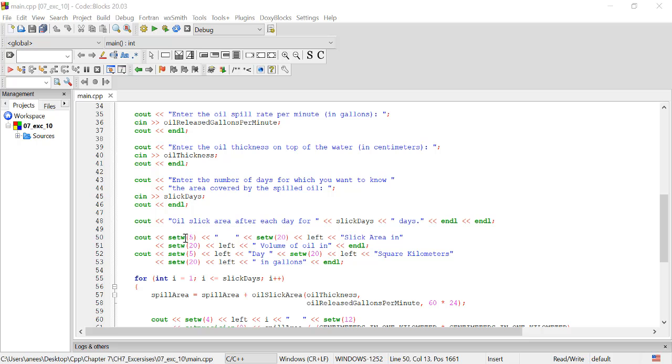So we place this in the 5th column, which will be more or less in the middle. Now we have the slick area on the 1st row, and then next we have volume of oil in the 20th column, which is still on the same row.